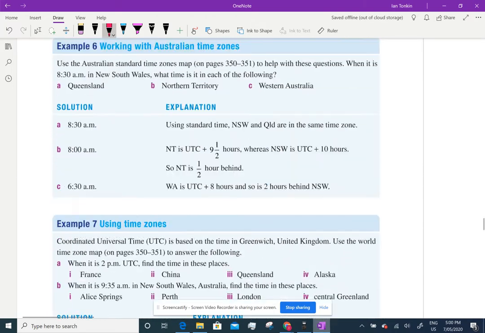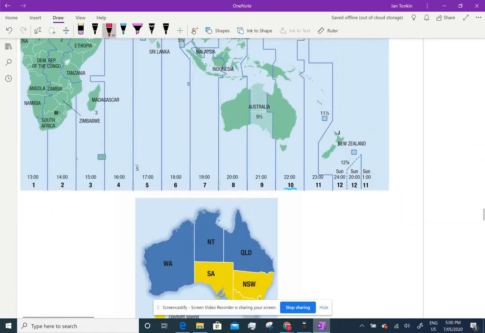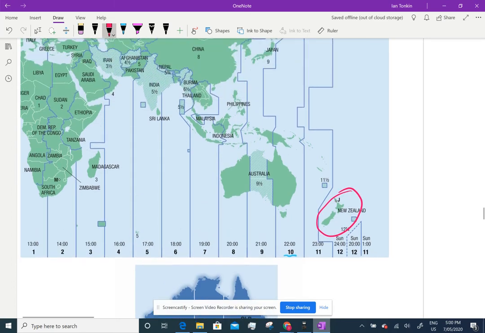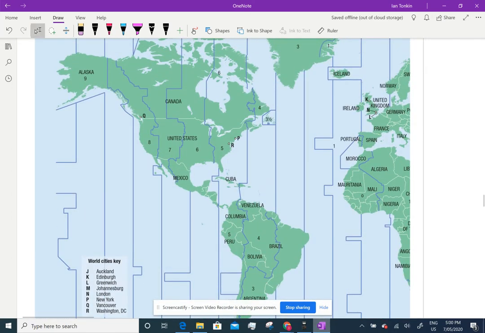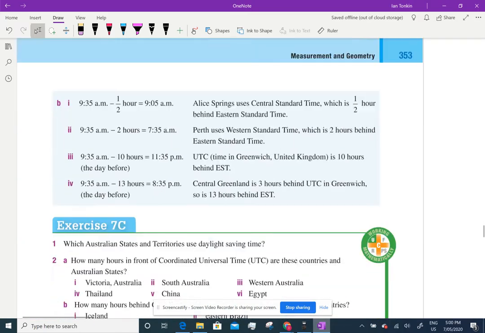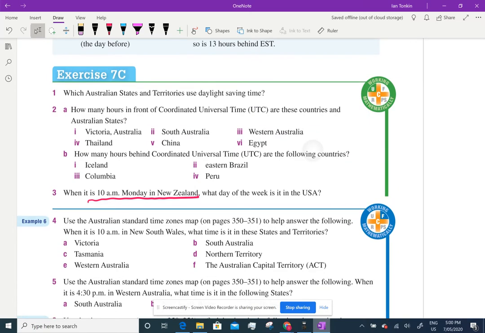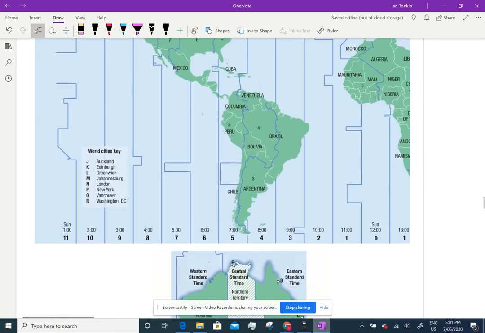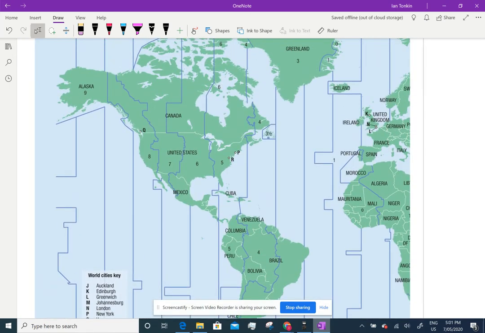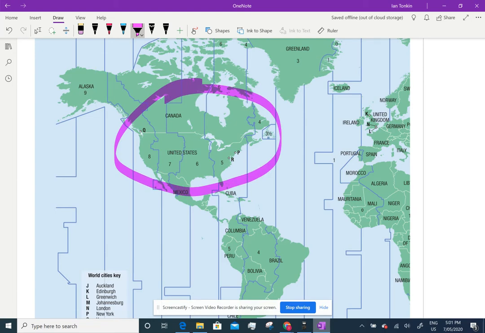So let's go back up here. And here's New Zealand, and it's 12 hours ahead of England. We're going to have to go to the other map to get the USA. And the United States, was it the United States that we had to find? What day of the week is it in the USA? Well, the USA, because it's so big, it encompasses a lot of time zones, all right?